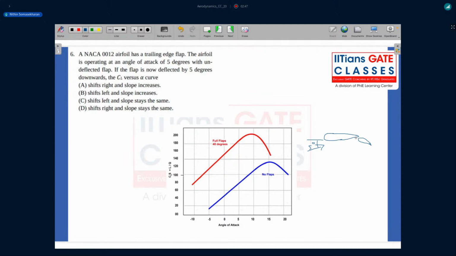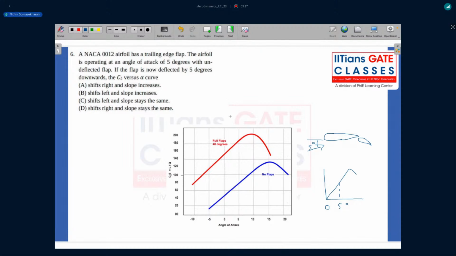So what they're asking is if you deflect the flap, how will your CL versus alpha curve, which typically is, let's say for a symmetric airfoil, will look something like this, right? It starts from 0 and then goes up to the stall angle. And imagine we are looking at an angle of attack of 5 degrees. All right. Now what they're asking is what will happen if you deflect the flap.